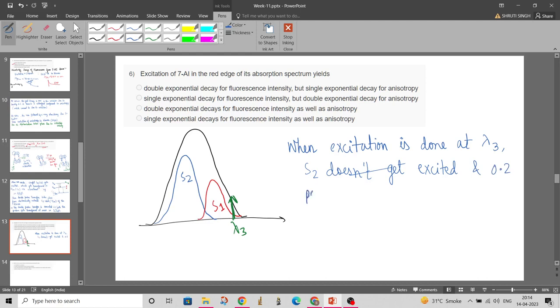And the ultrafast component of the decay, which was coming from the crossover from S2 to S1, should not be visible because here only S1 is getting excited.